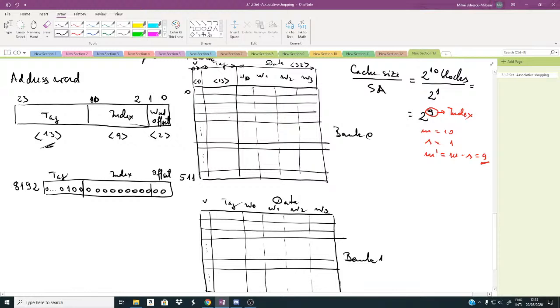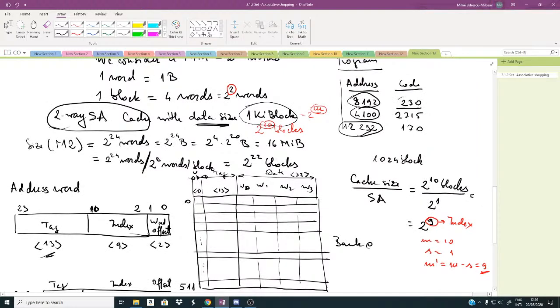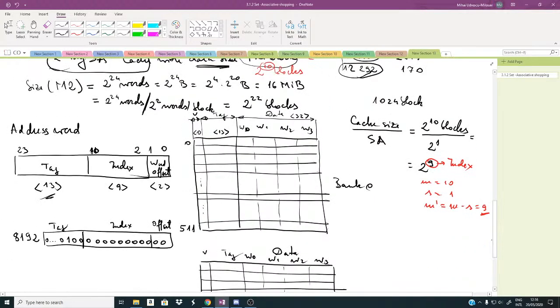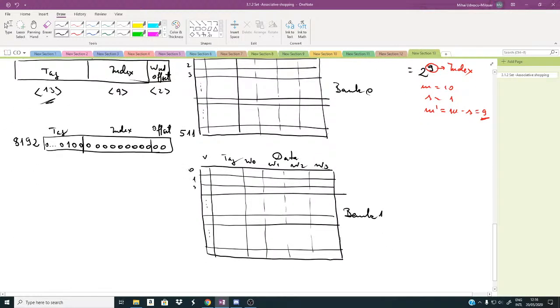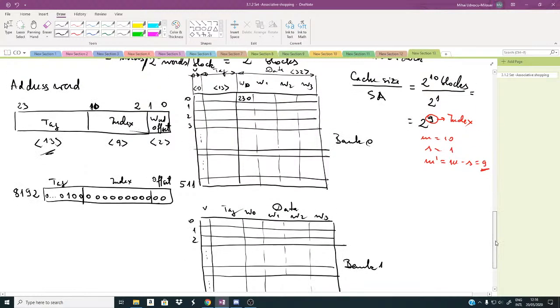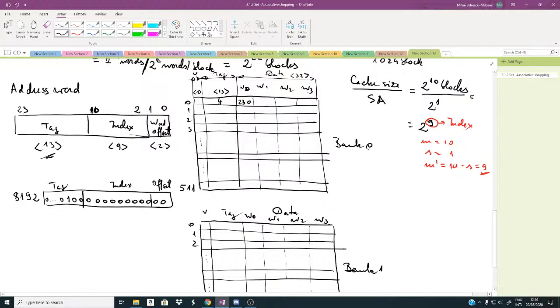So this 200 and the code 230 will be put in the cache here, right? 230, 1, 2, 3, and so on. Right, 0, 1, 2, up to 511. Okay, and we have a 4 over here. And this, well, it doesn't matter. We do not care about the content of the other words in the block, at least in our problem here.